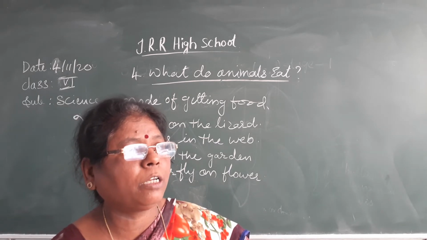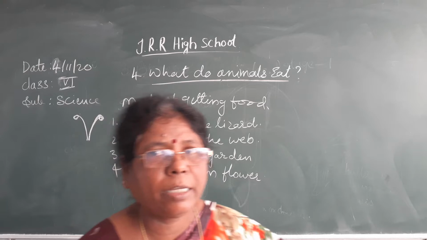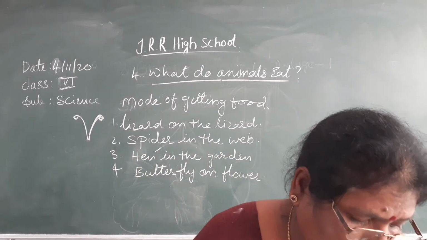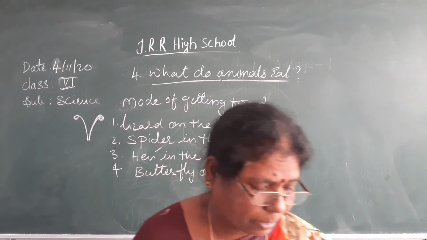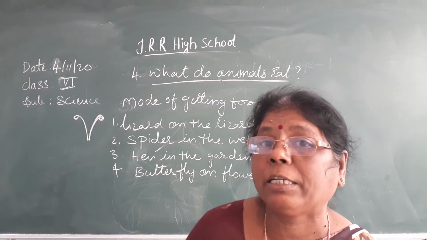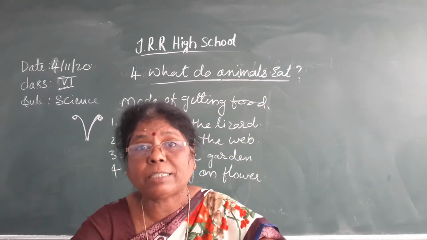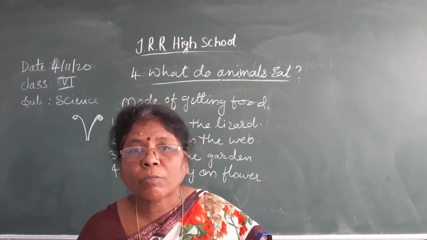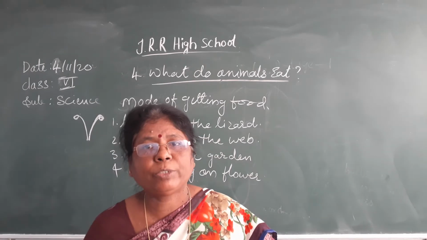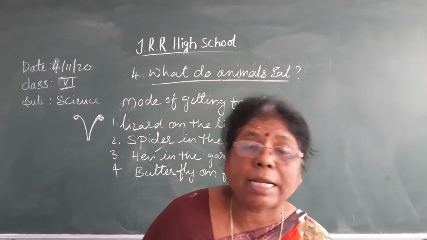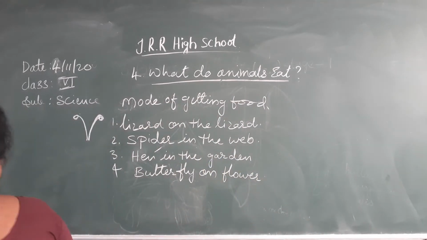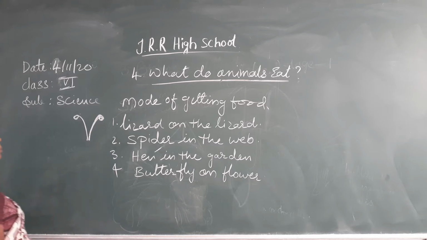Desert rats are there, owls are there, bats are there, moths are there, crickets are there, cockroaches are there. They are active at night and get their food. The animals which are active at night are called nocturnal animals.